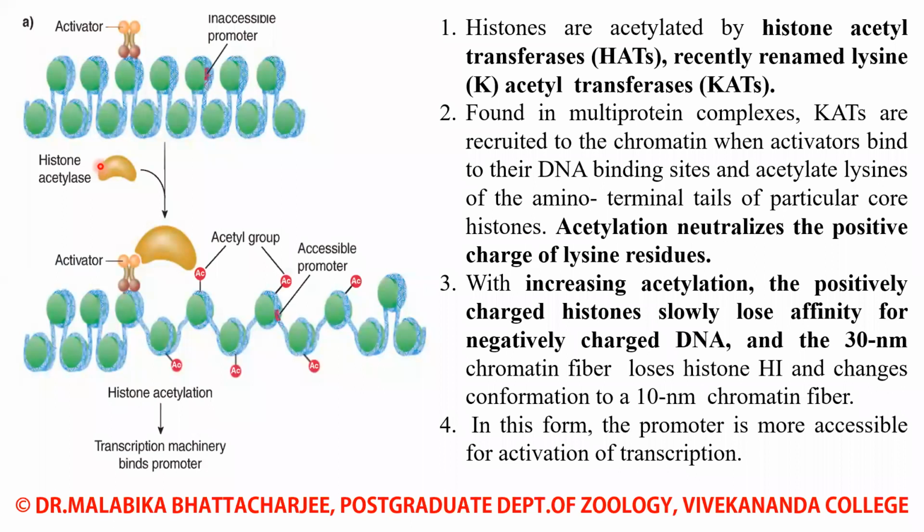Now this is just a schematic picture to show you how, see, this is a condensed DNA, and when I want this DNA to become a bit relaxed, then these enzymes, for example histone acetylase, are recruited, which adds acetyl groups to the lysine residues of histone tails.